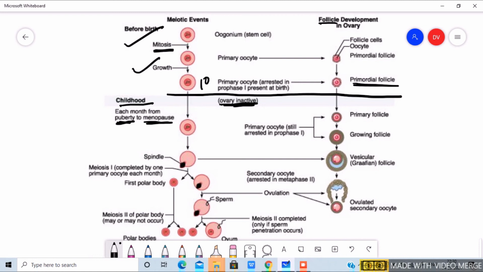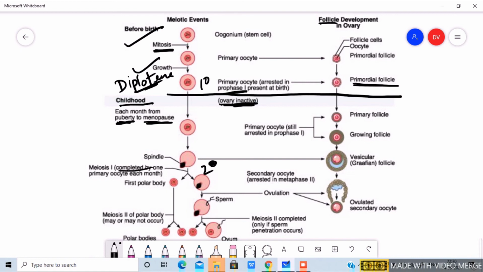Alright. Now see, this primary oocyte before birth was arrested in the prophase 1 stage of meiosis 1, especially the diplotene stage, diplotene of prophase 1. Now after puberty, that will resume and it will complete its meiosis 1. When it completes its meiosis 1, it forms the secondary oocyte.